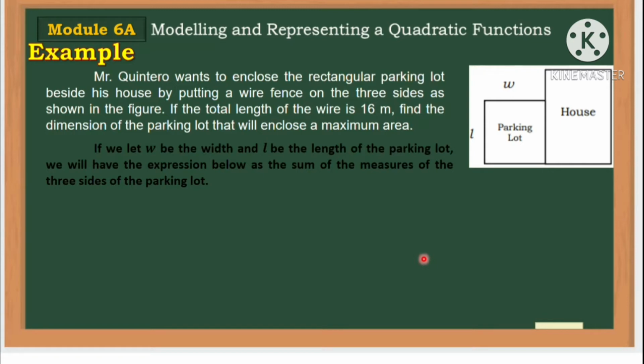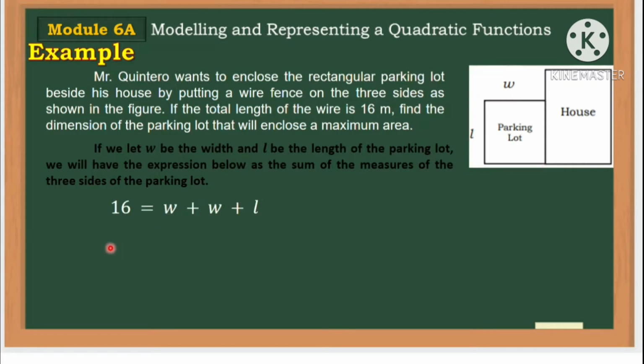If we're going to let W be the width and L be the length of the parking lot, we will have the expression below as the sum of the measures of the three sides of the parking lot. Ang sum nito, tatlo, ay 16.